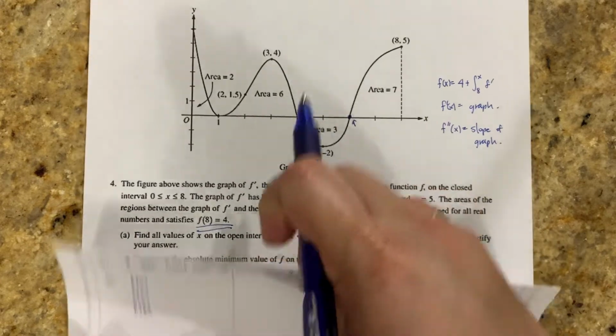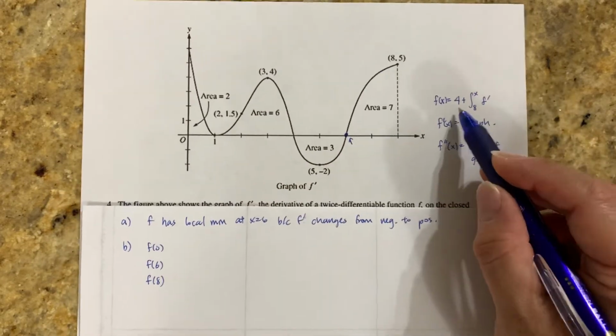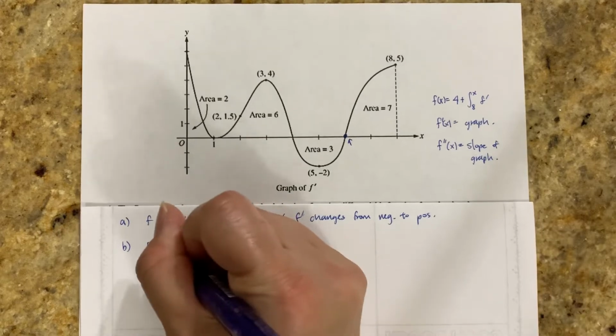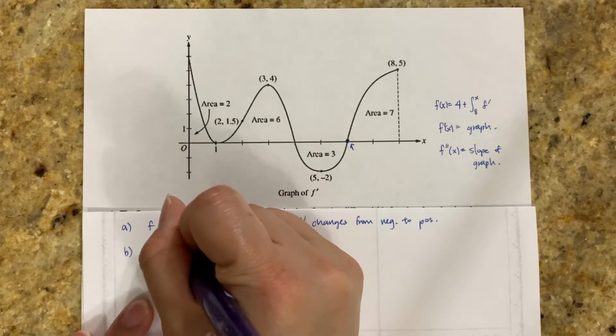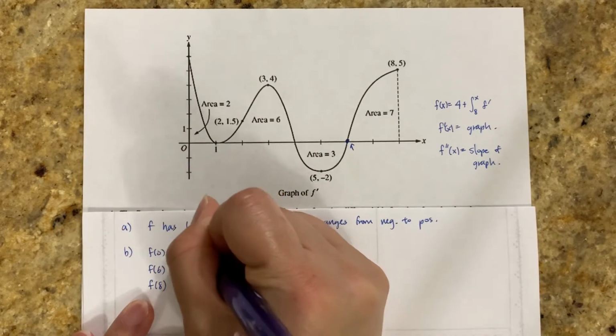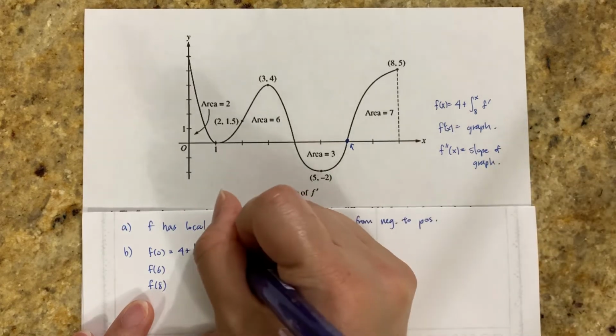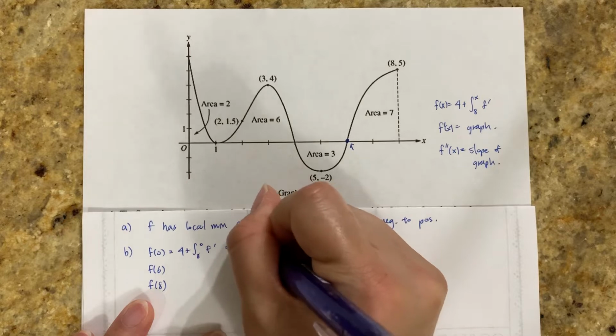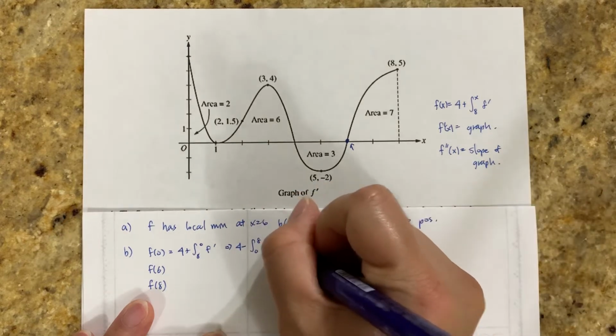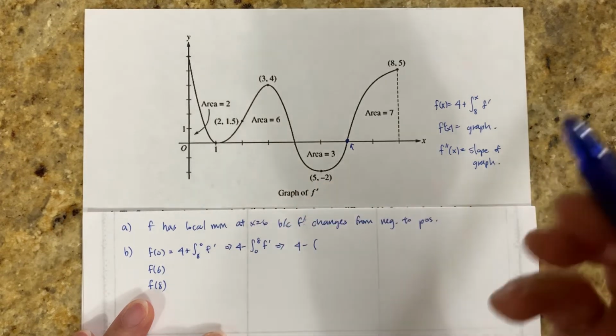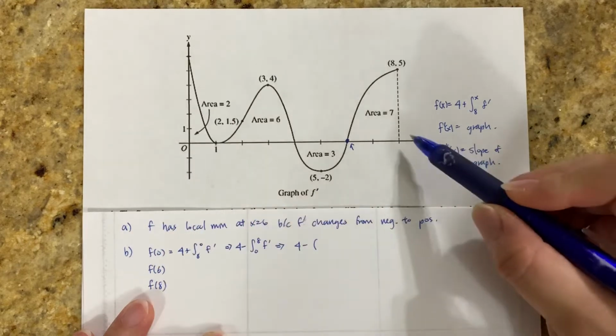And so based on what we did before here, this is f of x. So what is f of 0? f of 0 is 4 plus integral from 8 to 0 of f prime. Well, you can't go from 8 to 0, so it has to be 4 minus integral from 0 to 8 of f prime. So what is that? 4 minus the area from 0 all the way to 8.